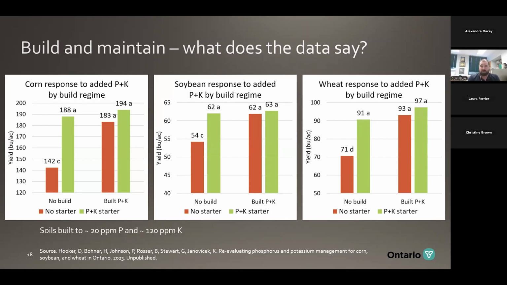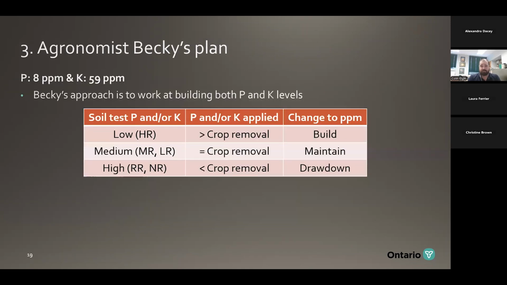There's a lot of nuance to it, including how you build, how much fertilizer you're putting on at any one time. There's a lot of chance for doing it wrong, but in this case, there is benefit at the end of the day to using that build and maintain approach for fertilization.